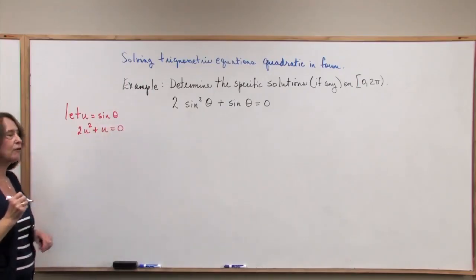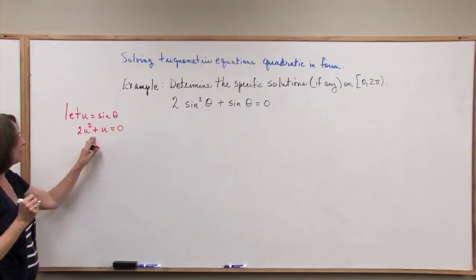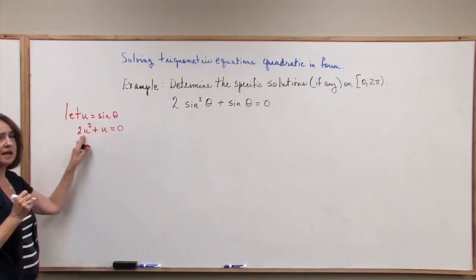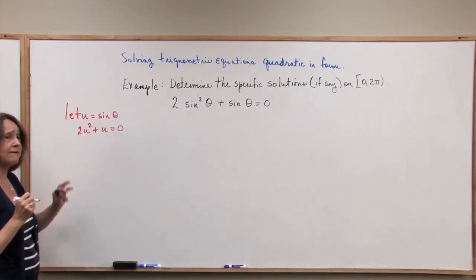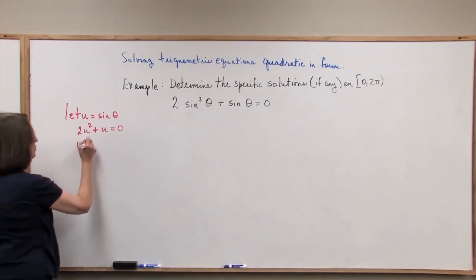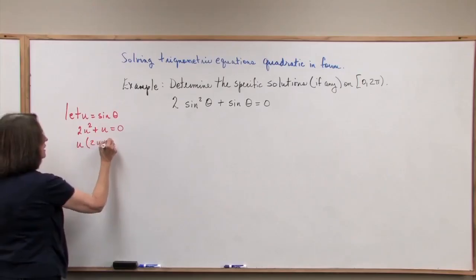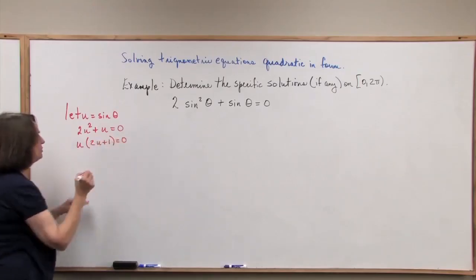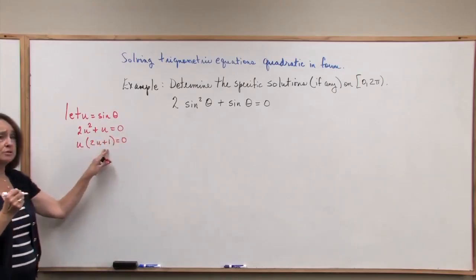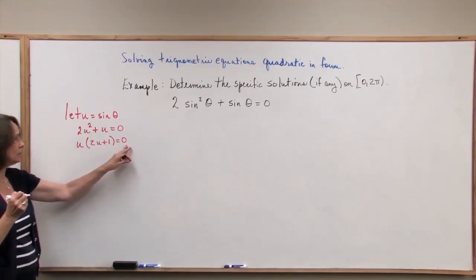Then I recall from algebra, when I have this on the left side of the equation, I can factor the common factor u, and after doing that, u times 2u plus 1 equals 0.